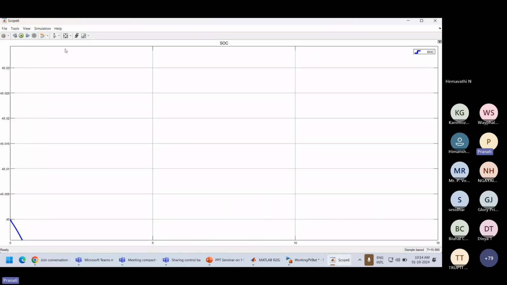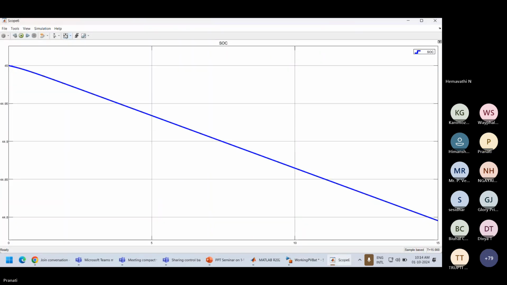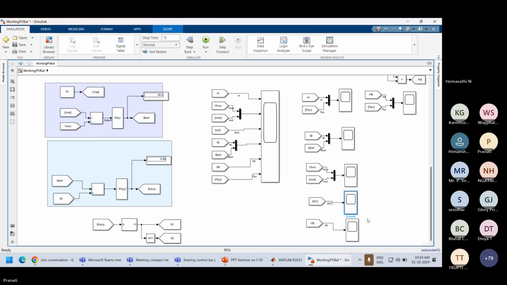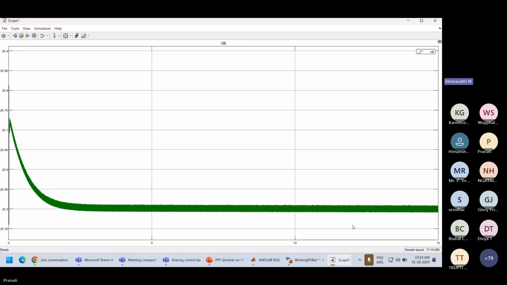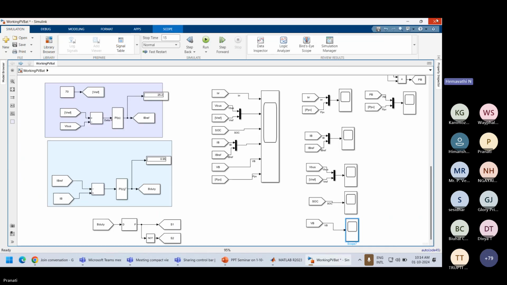Then the state of charge. See, the state of charge is decreasing because our battery is discharging. Then the battery voltage. When the battery is discharging, our battery voltage is decreasing also. You have seen in the 1000 case, it was increasing. Now PV power and battery power.